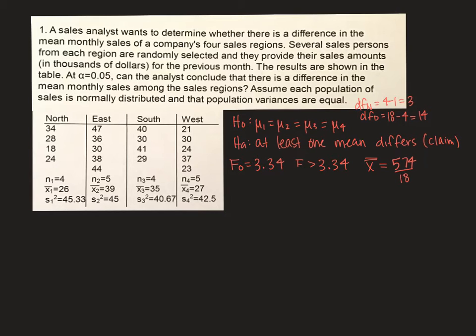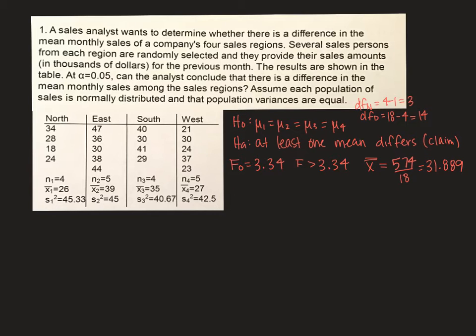And I'm going to divide that by 18, which was my capital N value. So when I divide those, I get 31.8 repeating, and I'm going to round that to 3 decimals, so 31.889 for my grand mean.